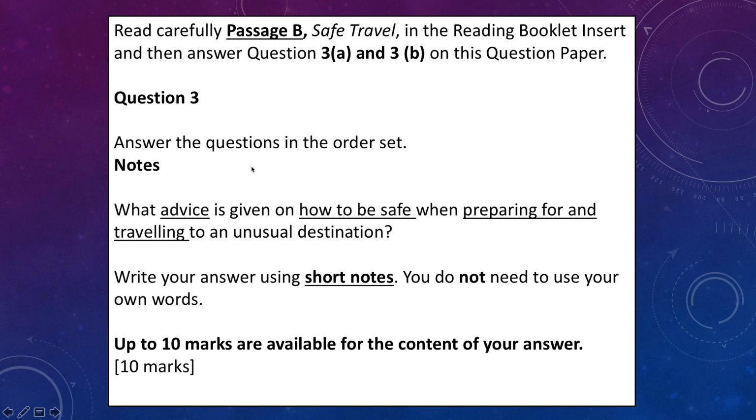So we're looking at passage B, we're looking for advice, how to be safe, preparing for and travelling to an unusual destination, and it's short notes. Notice that you do not need to use your own words. You just need to pick out short, sharp notes.